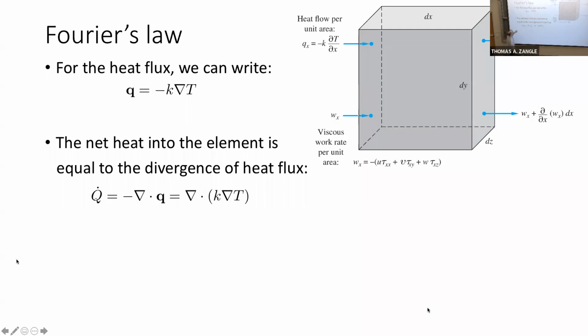Now the net heat into the element is the divergence of the heat flux, so Q would be minus del dot q, which gives us del dot k grad T. We're going to plug this into our expression for the Q.